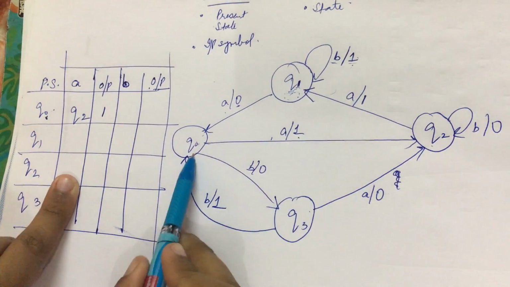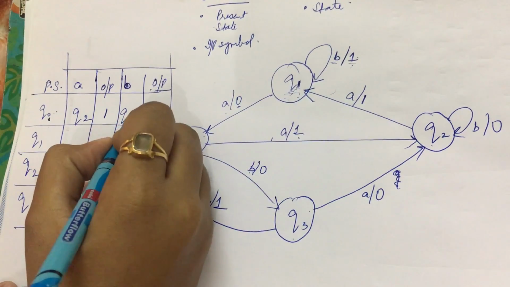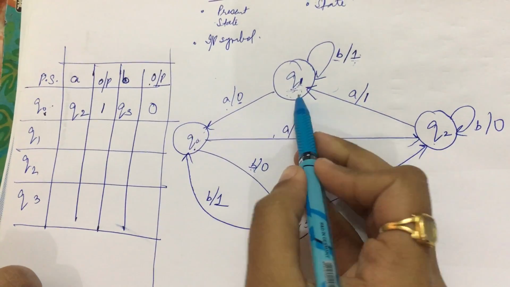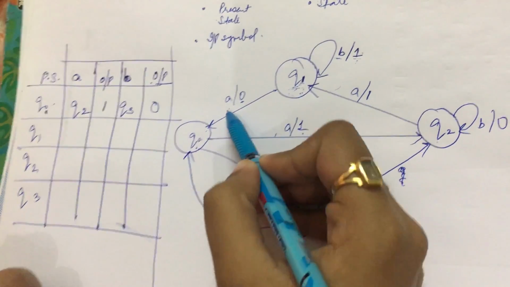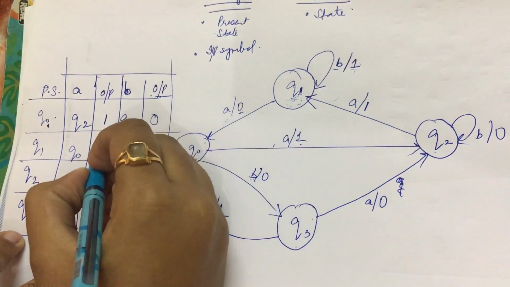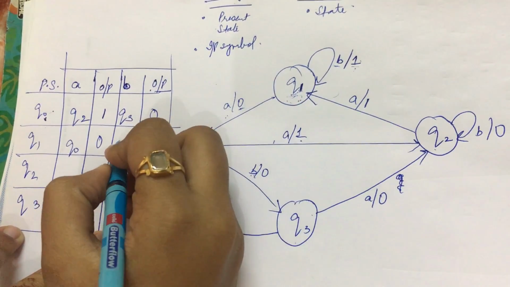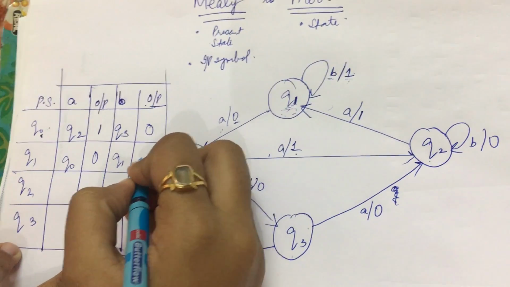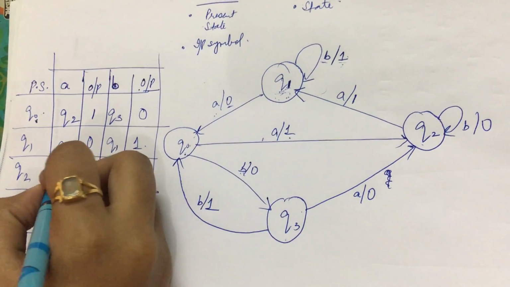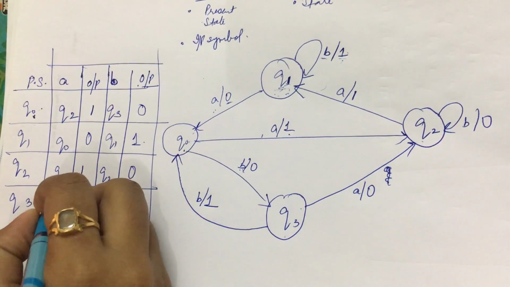When I transit from Q0 using B, I get state Q3 and output symbol 0. Similarly, when I transit from Q1 using input symbol A, I go to Q0 and have output 0. And when I transit from Q1 using B, I get state Q1 and output symbol 1. Similarly, I do for Q2 and Q3, which is as follows.